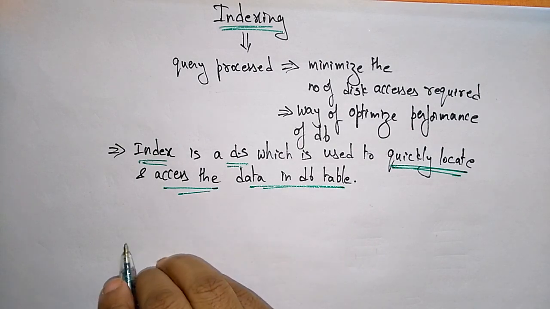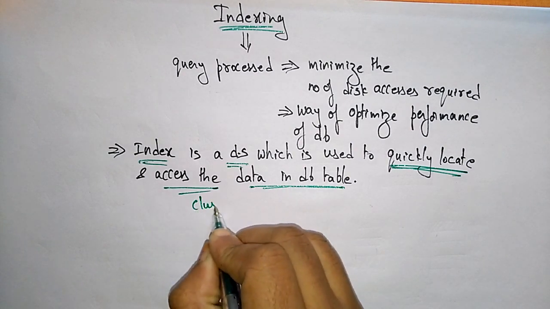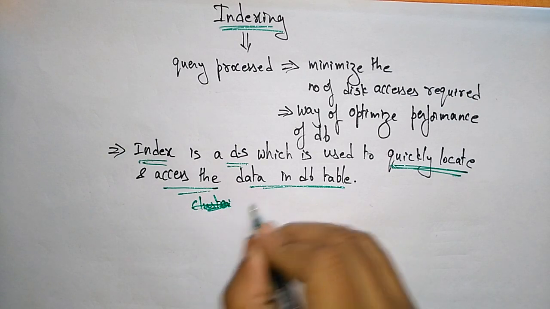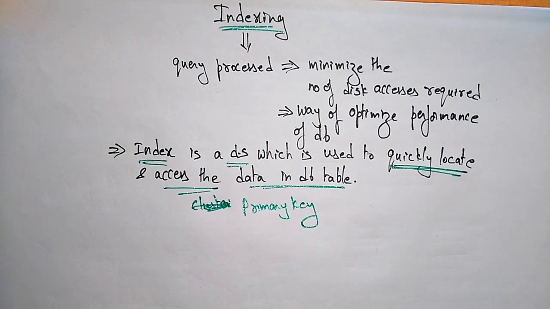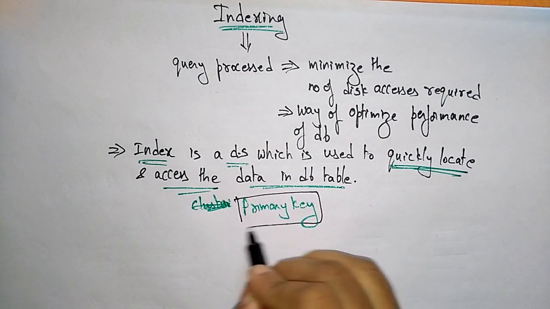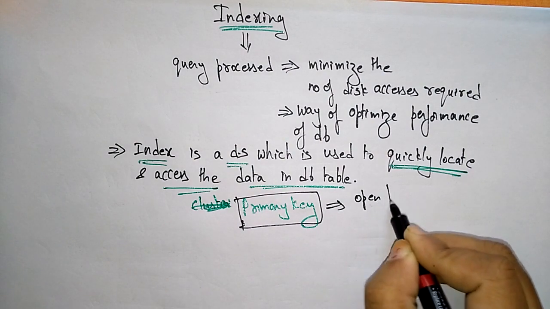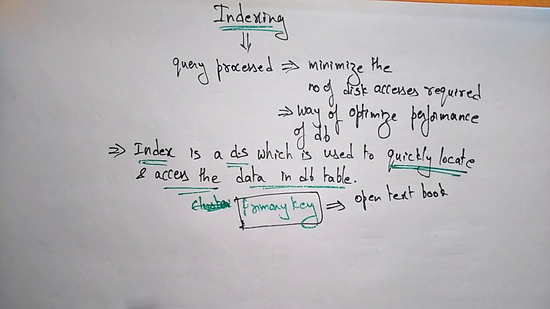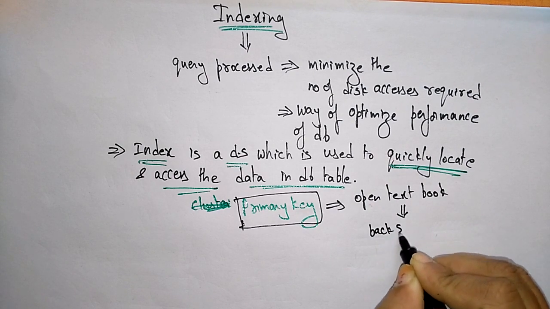Suppose you take your textbook, and you want to see the topic about clustering, or else you want to see about the primary key. If you want to know about the primary key, you just open the textbook. Instead of searching each and every page, you go to the back side of the textbook.